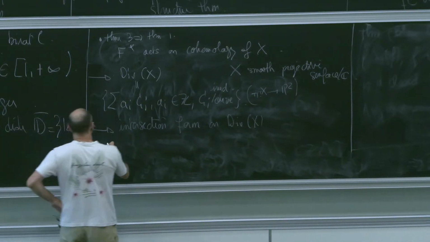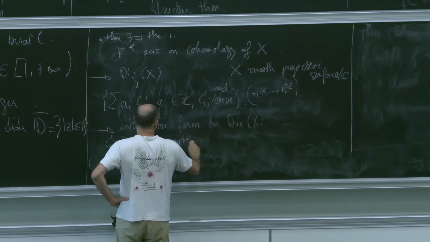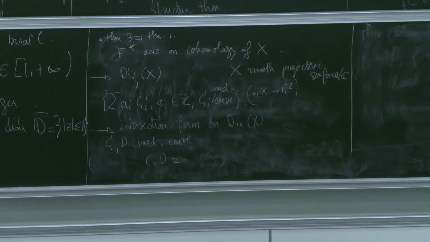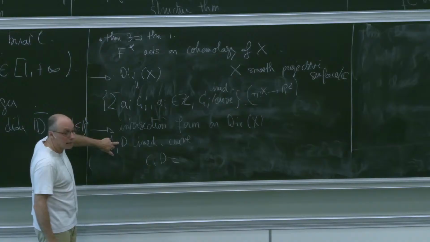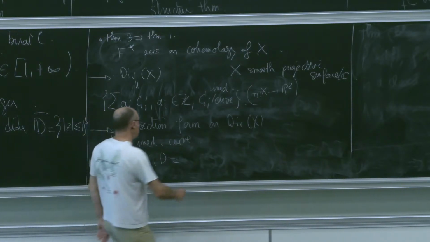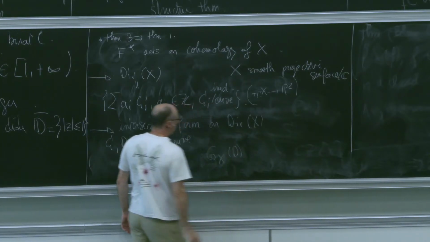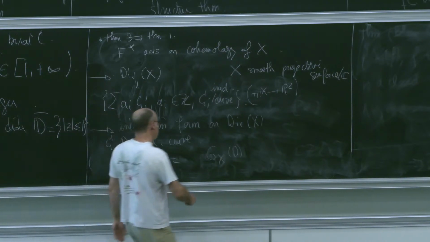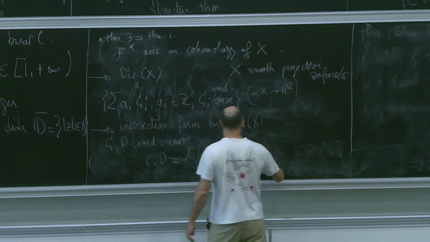So if C and D are irreducible curves, then the intersection product is defined as follows: since you're on a smooth projective surface, D is a Cartier divisor, so it defines a line bundle, let me write this as a sheaf, O_X(D). And you can restrict this line bundle to the curve C and compute its degree. So this is an integer.